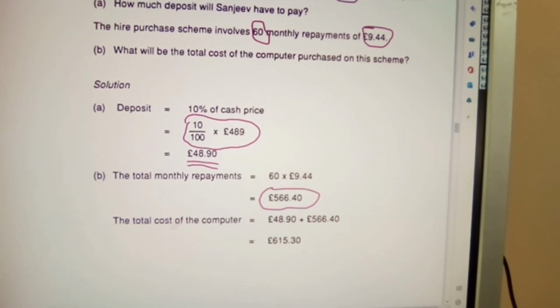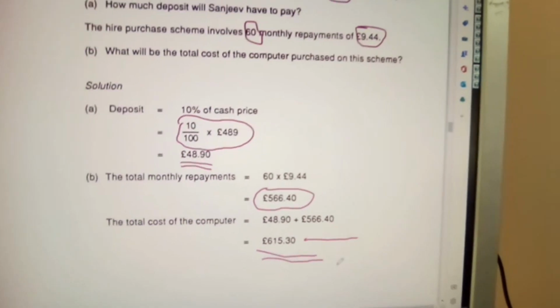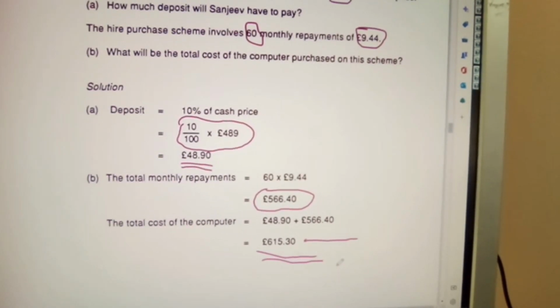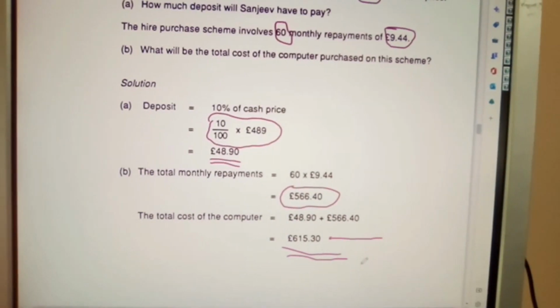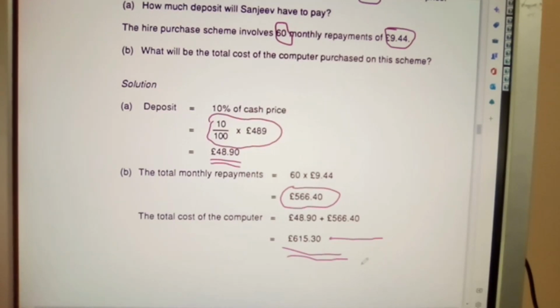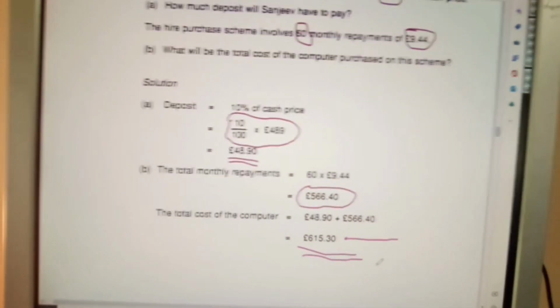The total cost of the computer equals £48.90 plus 566.40, which equals £615.30. And again, this is down to you to prove that this is correct. Sometimes there are errors in these calculations and it is up to you to prove that the calculations are correct. Make sure they are.